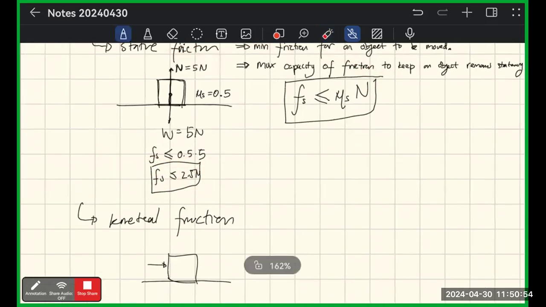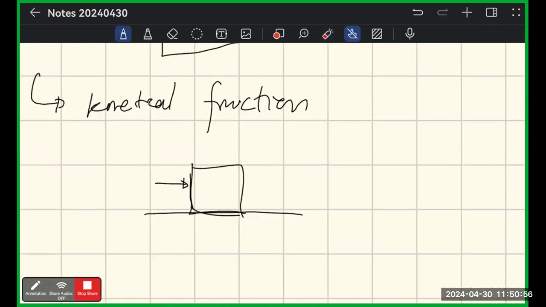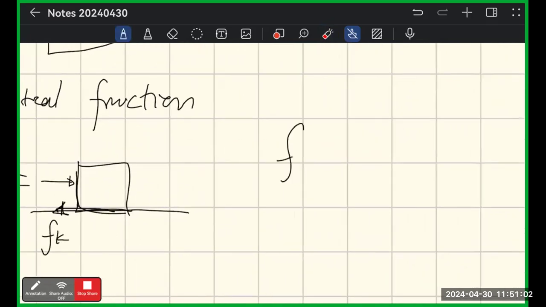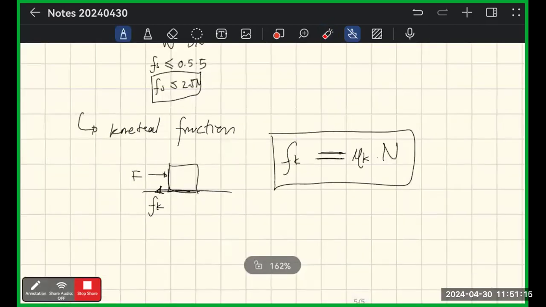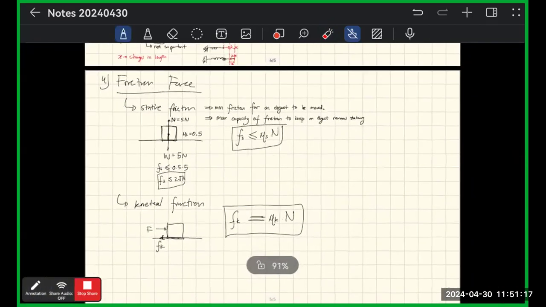You will have the moving object with the kinetic friction, which we say Fk. Fk is equal to the kinetic friction coefficient times N. That's it. So the kinetic friction is really simple.